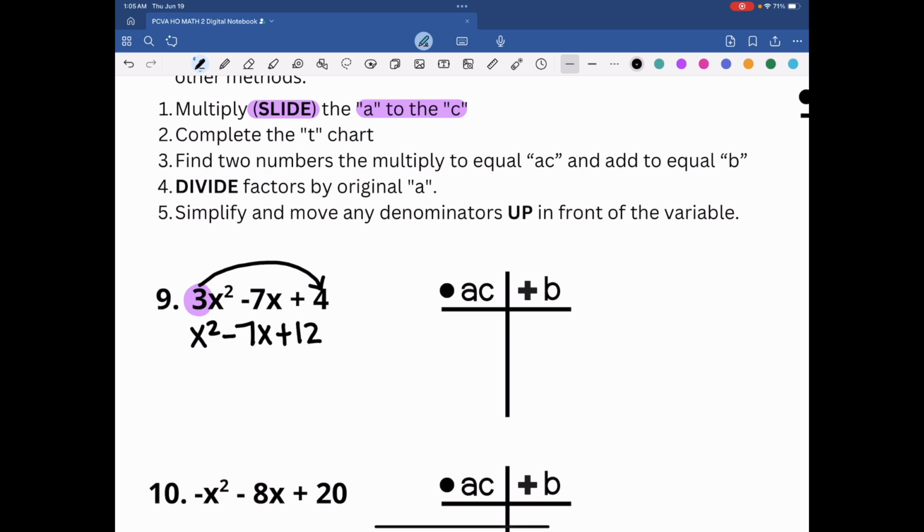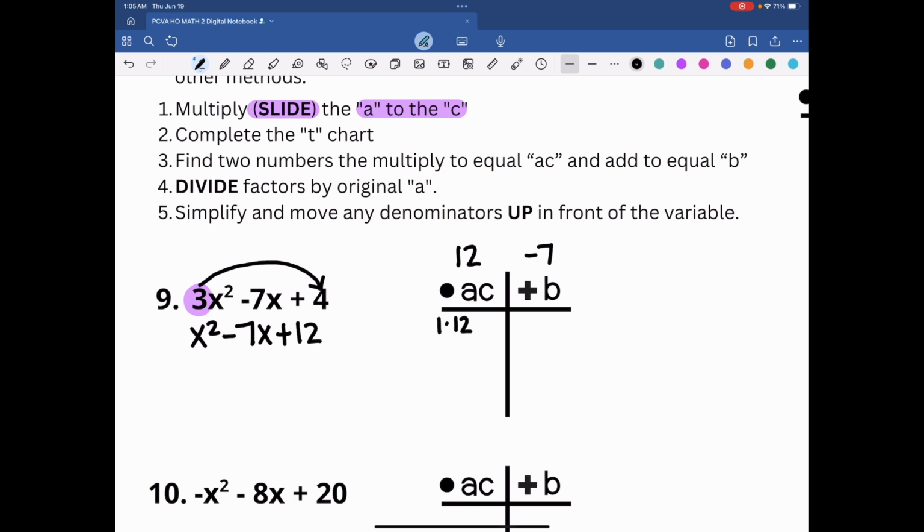So, a times c. I need two numbers that multiply to give me 12, because it has to multiply to give me that a times c I just found. But those same two numbers have to add to give me negative 7. So I create a little organization chart. With 12, I got 1 and 12.